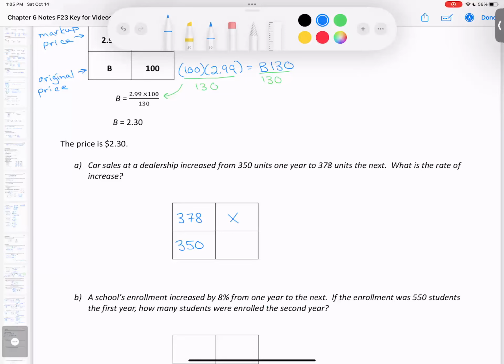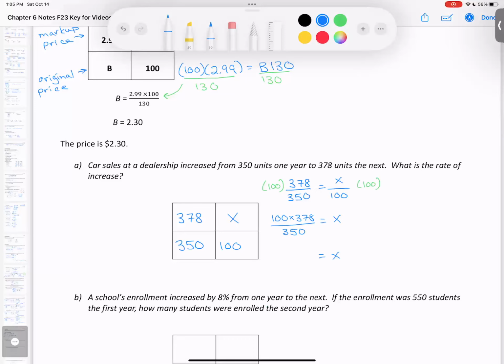So then we get x over 100. We're looking for that rate, so we can set up our fractions. And then we're going to multiply each side by 100, and we get 100 times 378 over 350 equals x.